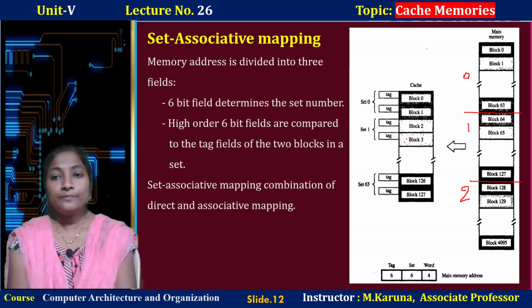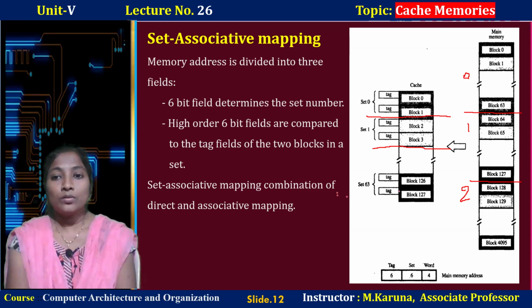Now coming to the cache memory. Cache memory can accommodate only 128 blocks, that is the fixed size in this example. So cache can store 128 blocks. Again, cache is divided into 64 sets.